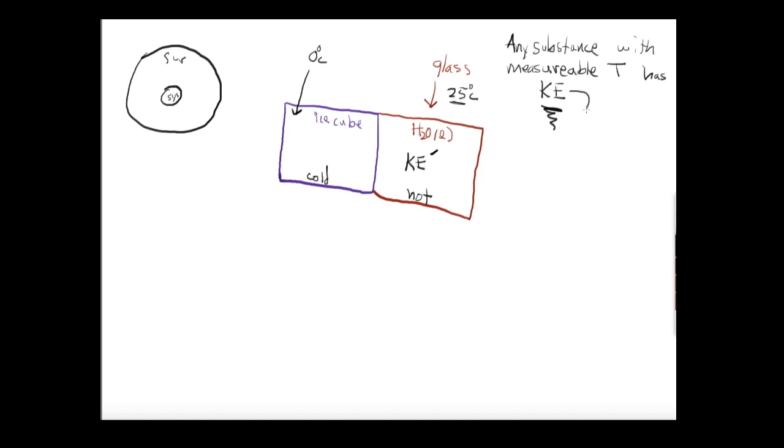Remember that kinetic energy is the motion of the particles, and we learned that molecules have two kinds of motion. There's vibrational and translational. The ice cube, on the other hand, I'm going to change the color here. The molecules that are frozen in there, all of the water molecules are attached.